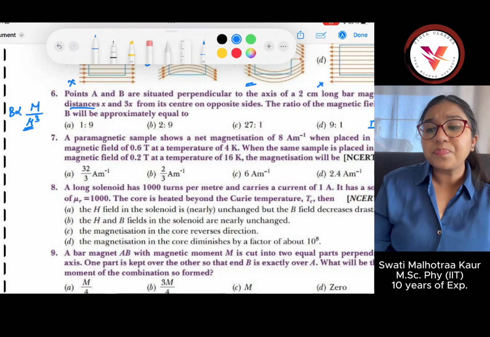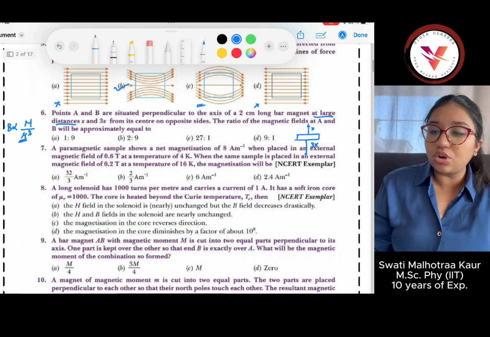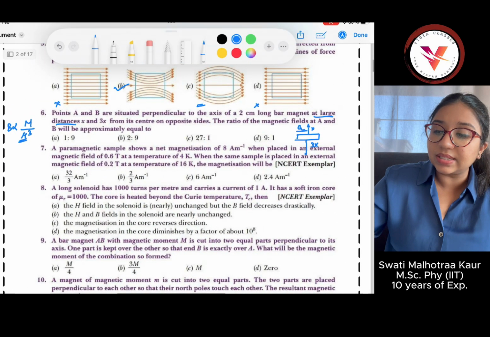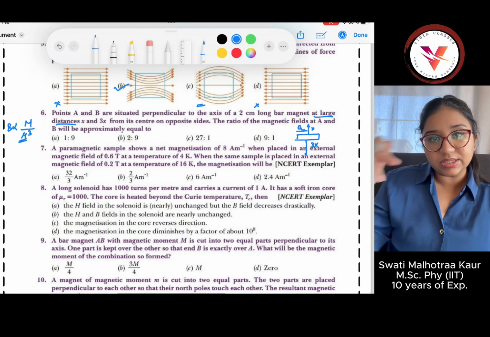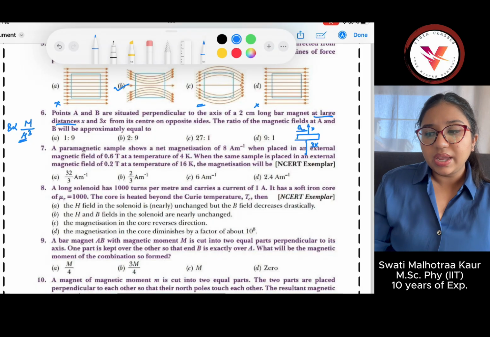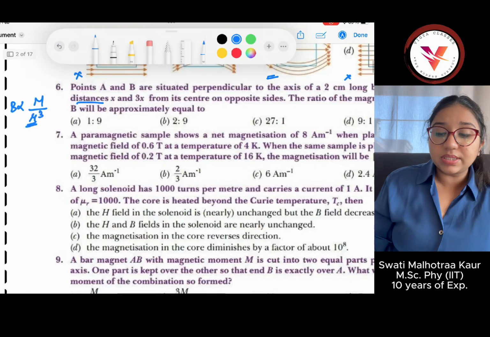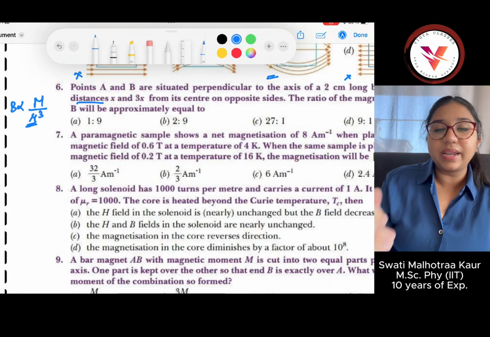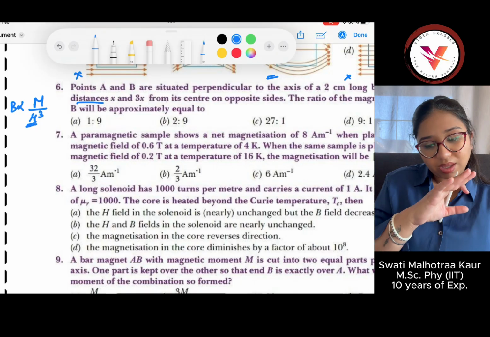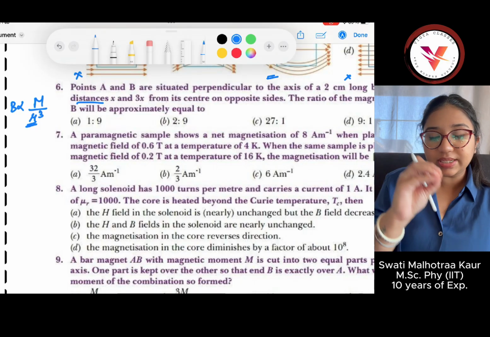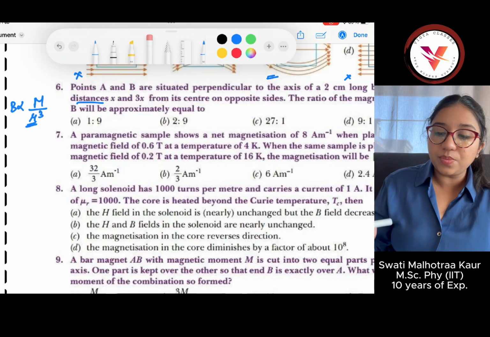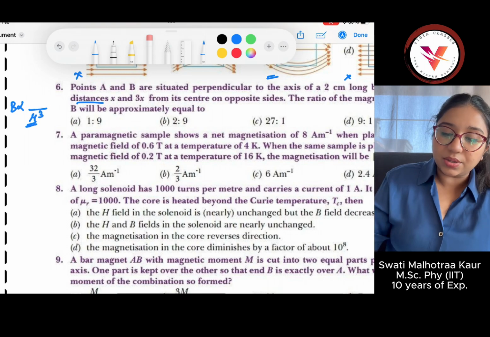Otherwise, it is the square of half the length of the bar magnet plus distance square, raised to the power 3 by 2. It's the same as what we did in the electric field. There is some constant, mu naught upon 4 pi, and M is the dipole moment, like kp by r cube. Here we only need the r cube.